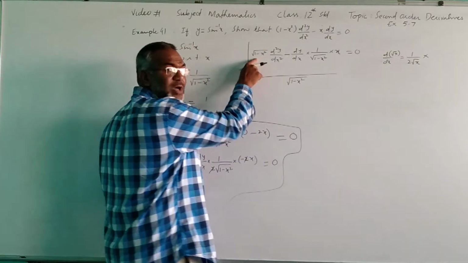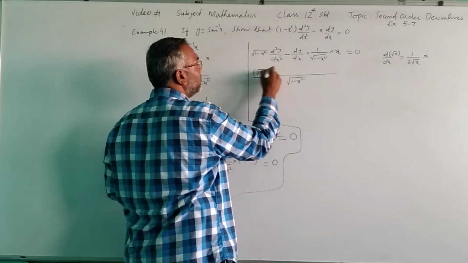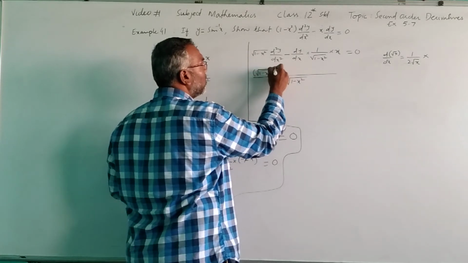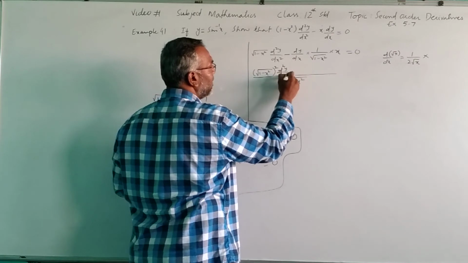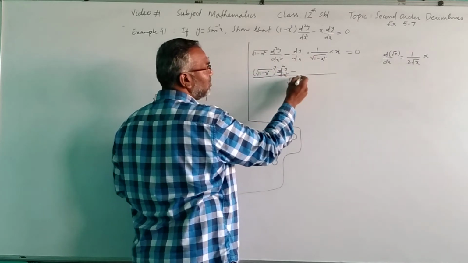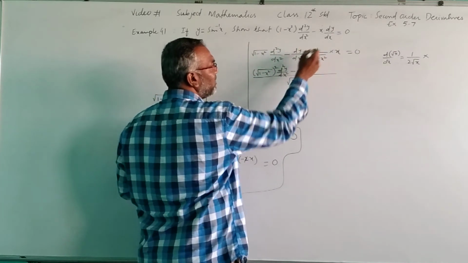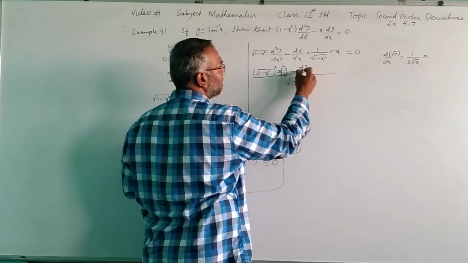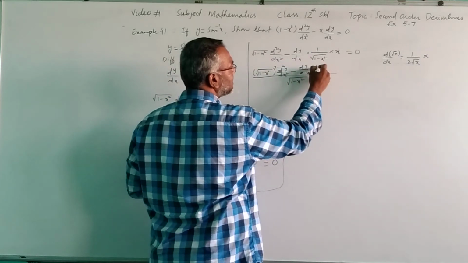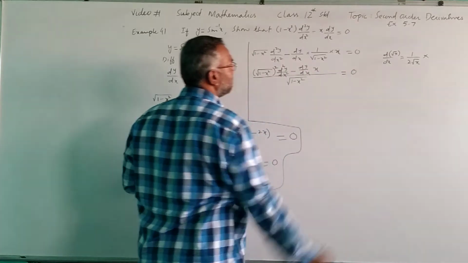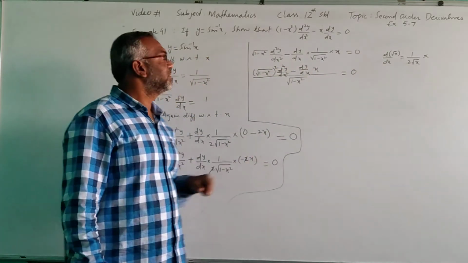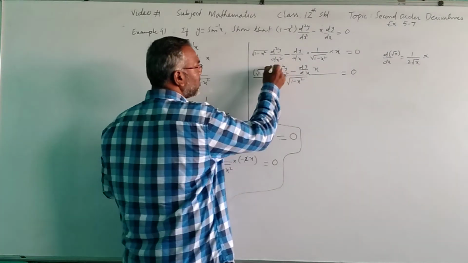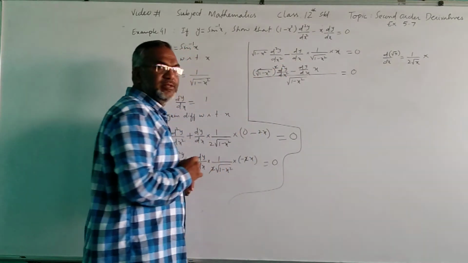Root 1 minus x square into root 1 minus x square becomes root 1 minus x square whole square, d square y by dx square, minus, here also root 1 minus x square will get cancelled, dy by dx into 1 is dy by dx only, into x, is equal to 0. We took root 1 minus x square as the LCM here, and the square and root get cancelled.